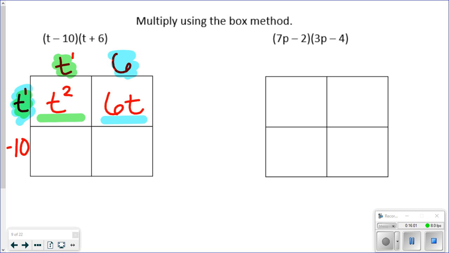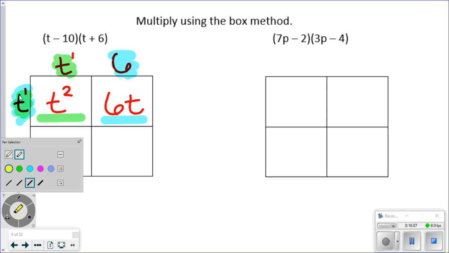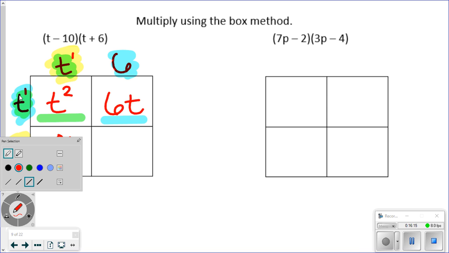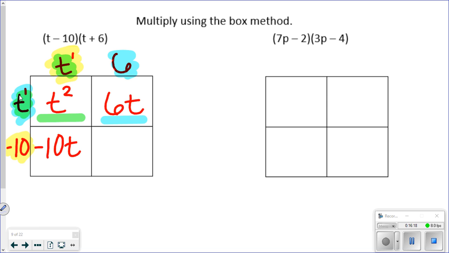Then we're going to multiply the negative 10 with the t. Negative 10 times t, which is negative 10t. And then lastly, negative 10 times 6 goes in this box. Negative 10 times 6 is negative 60.